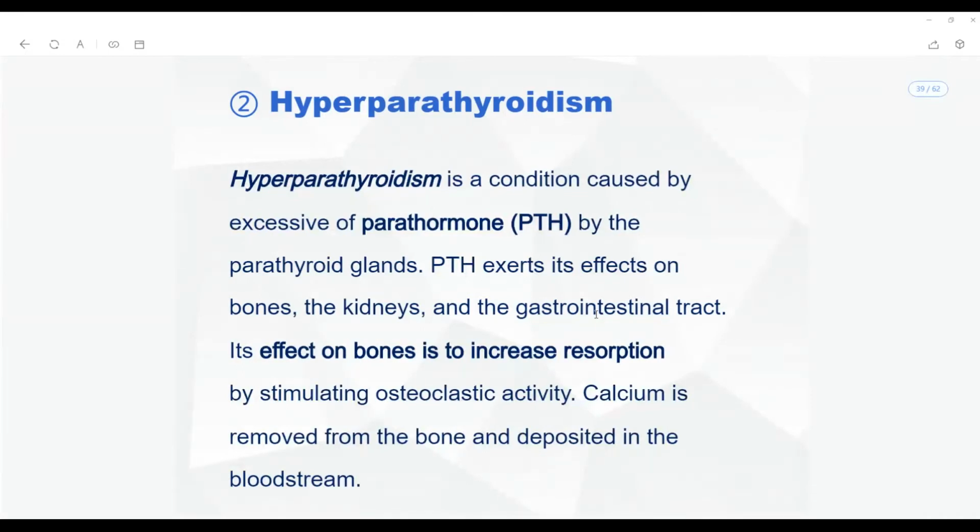So increased calcium inside the blood, hypercalcemia, and that will also cause increased calcium excretion, hypercalciuria. So hyperparathyroidism will have systemic symptoms and decreased bone calcium density. Right? Did you understand this concept now?